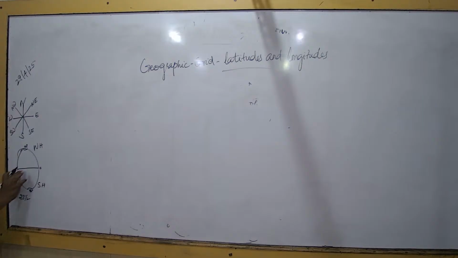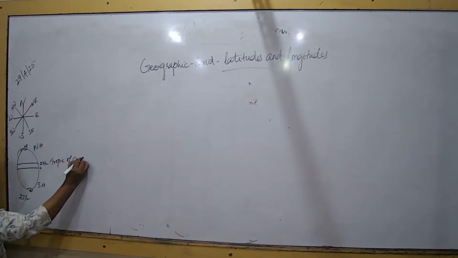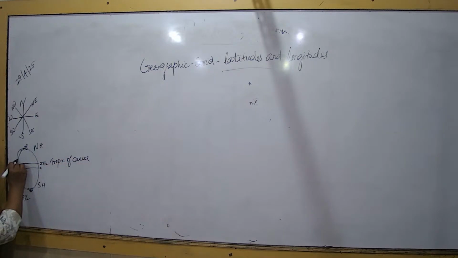So north of this 0 degree, there is one more line. This one is the largest line, and going upward it is reducing. The first one is 23.5 degrees. This one is known as the Tropic of Cancer.